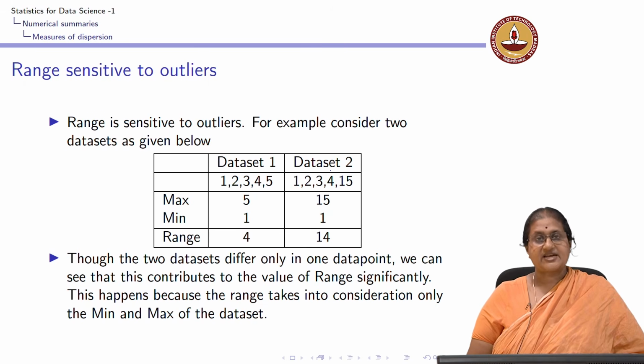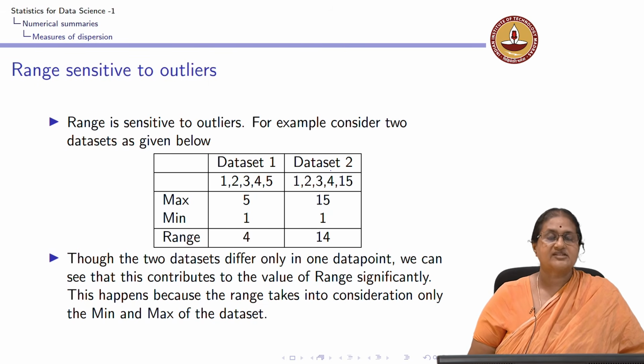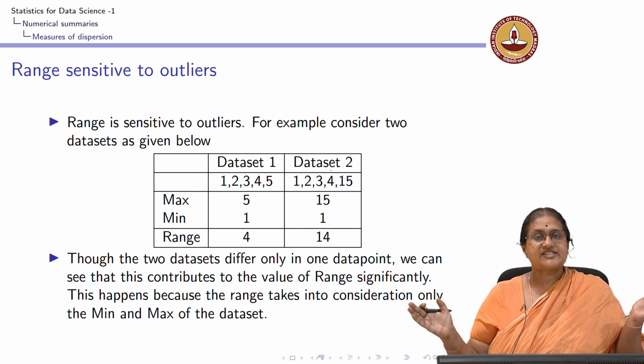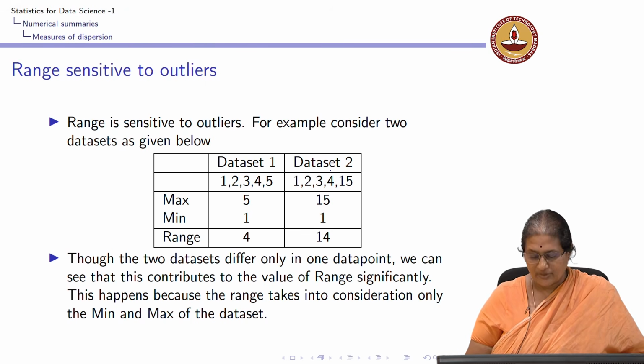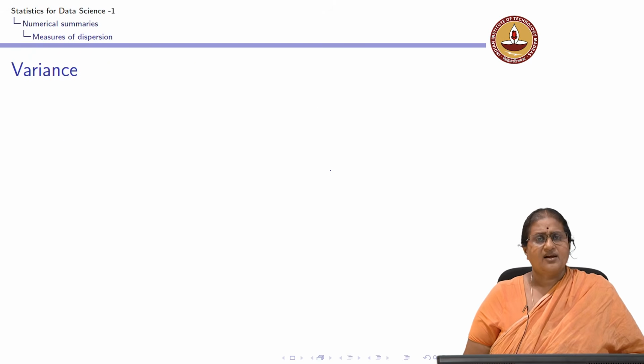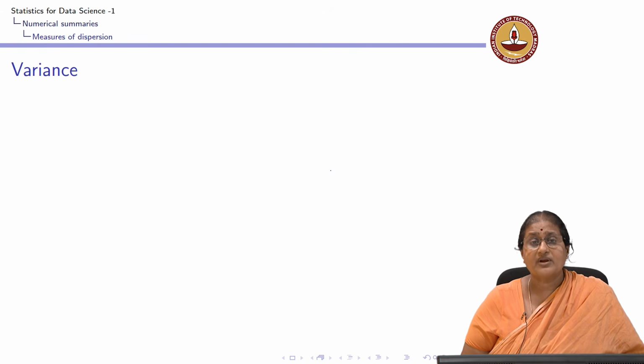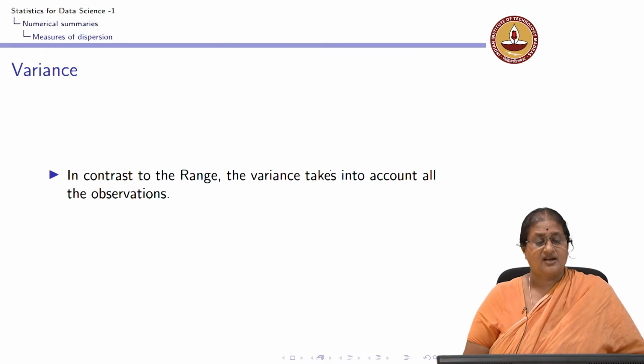So the range is an extremely sensitive measure because the range takes into consideration only the extreme values to compute it. Now the next measure of dispersion which we are going to talk about, and this is the most frequently used measure of dispersion, is what we refer to as the variance of a data set.